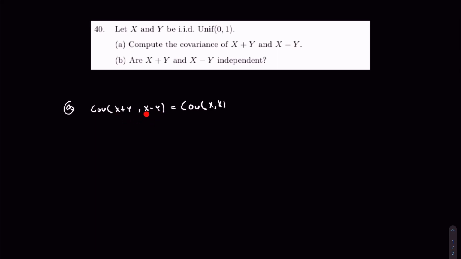So covariance of XX, covariance of XY, then negative, and then plus covariance of YX, then negative covariance of Y with itself.